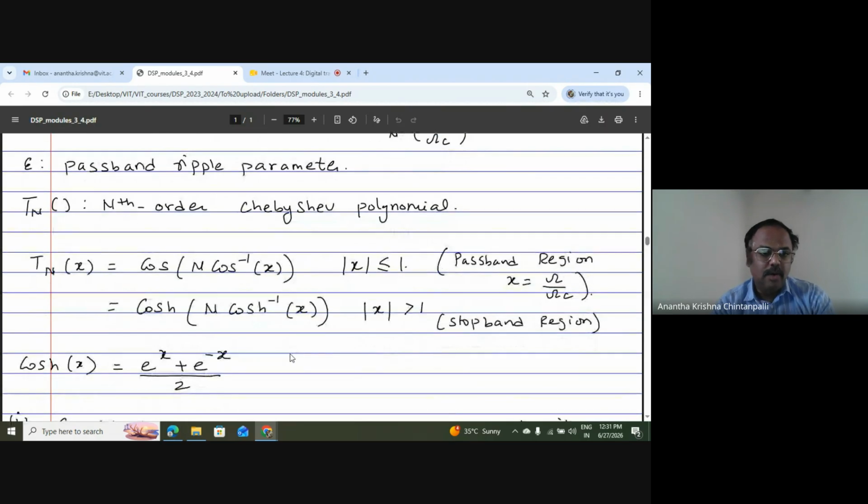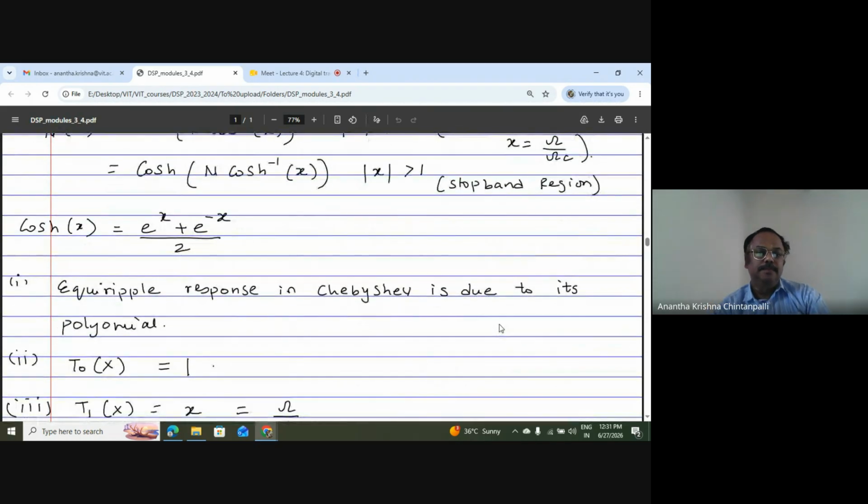Hyperbolic cosine of x is given by e to the power of x plus e to the power of minus x, divided by 2. So the cos function in the passband region will make sure that it gives you a ripple, and the hyperbolic cosine function in the stop band region will make sure that it is a monotonically decreasing function.